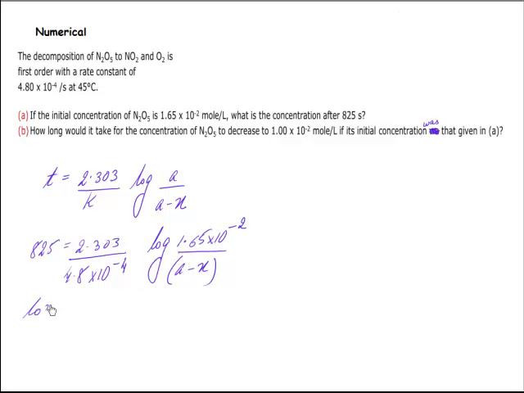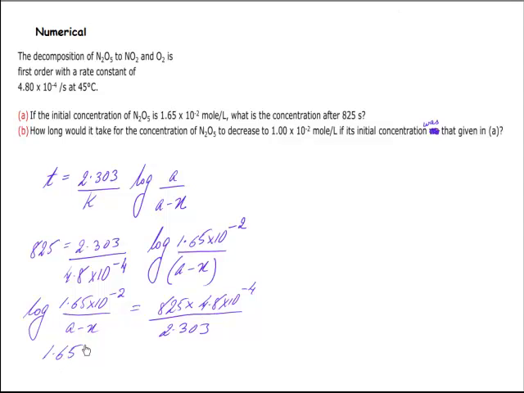So if we make the log term the subject of the formula, we will get 825 into 4.8 into 10 to the power minus 4 upon 2.303 on the right hand side. Now we can take anti-log on both the sides.